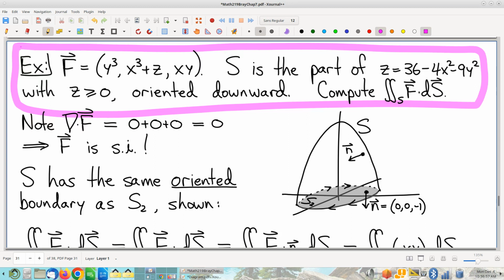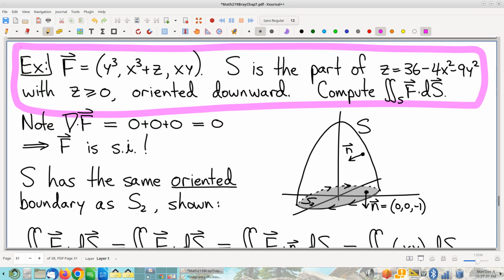And so you've got to pick through your toolbox and think, okay, well, what are the tools that I know for how to compute fluxes? You can parameterize and plug and chug. That's an option. That wouldn't even be that bad in this case, although there is a much better tool that we're going to use momentarily. But parameterize and plug and chug is kind of, I don't want to say default, but it's the unsophisticated, kind of most obvious, I'll say, option.